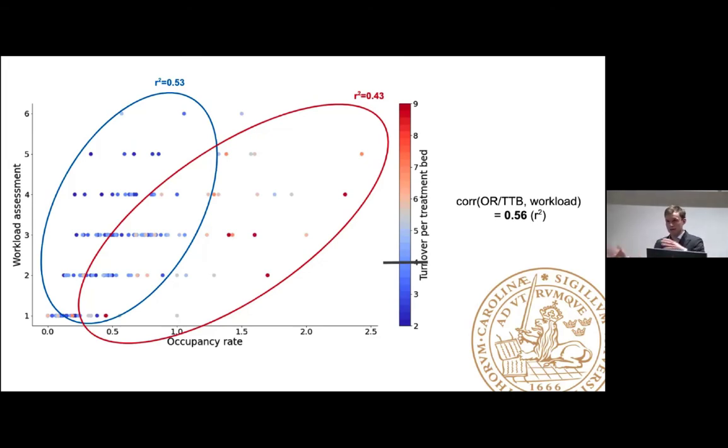Is academic different than rural or urban? And then we also adjusted for time point during the day. Is time point any difference? And still, adjusting for all that, there was still an indication that the turnover rate influenced the workload assessment at a given time point.